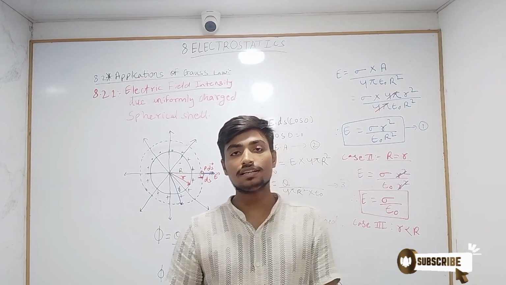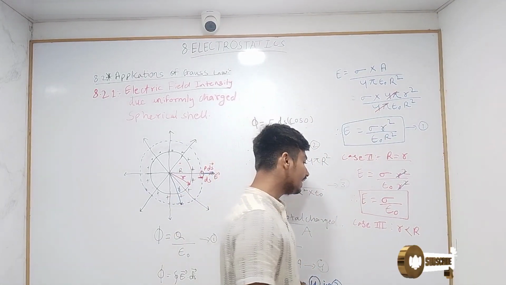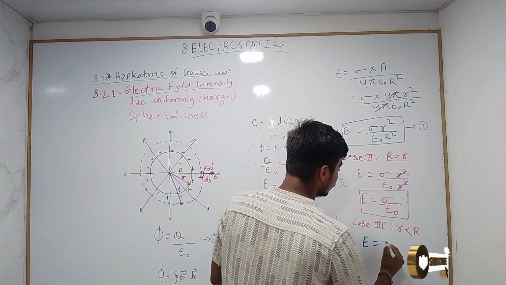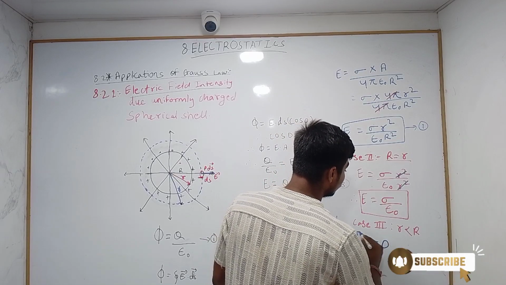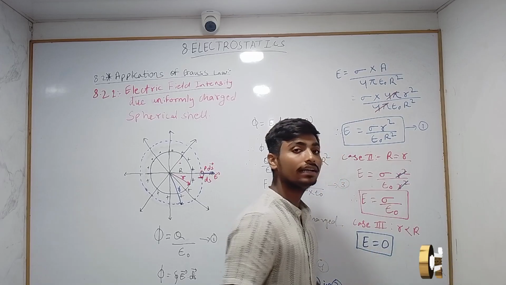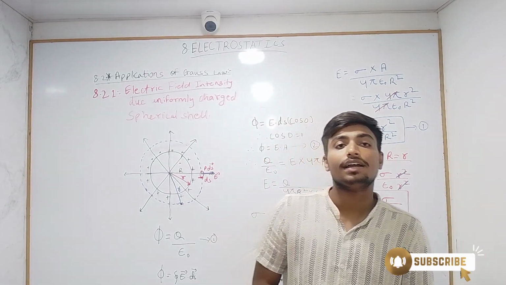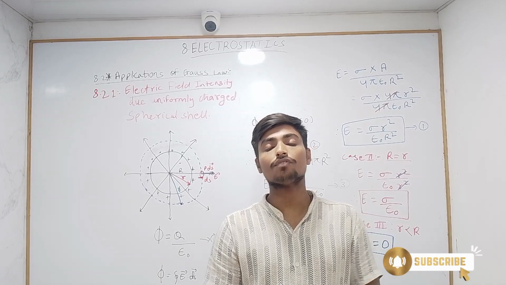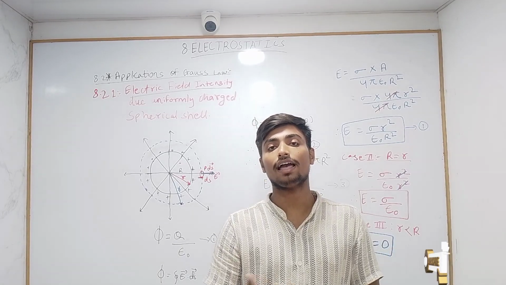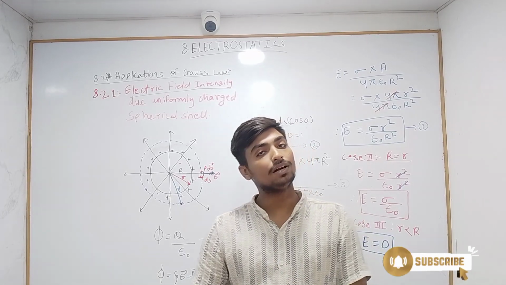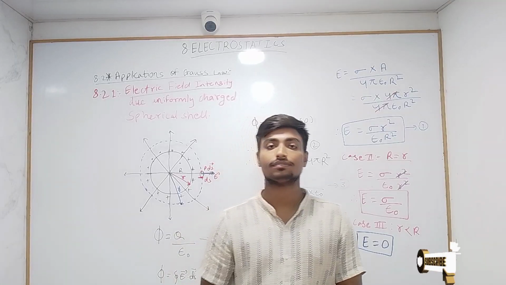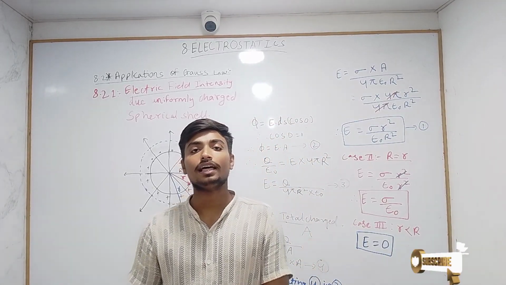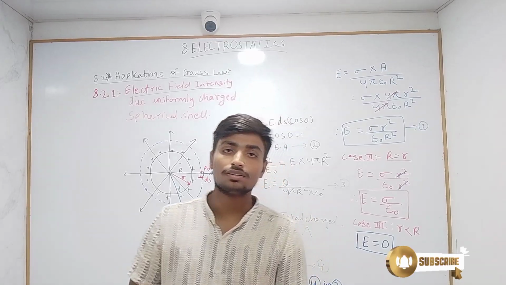Hence, in case 3, the electric field intensity becomes 0, because the charge does not exist inside the sphere. It only exists on the surface of the object or any particular shape you are taking. Hope you are clear with the first derivation of our chapter.